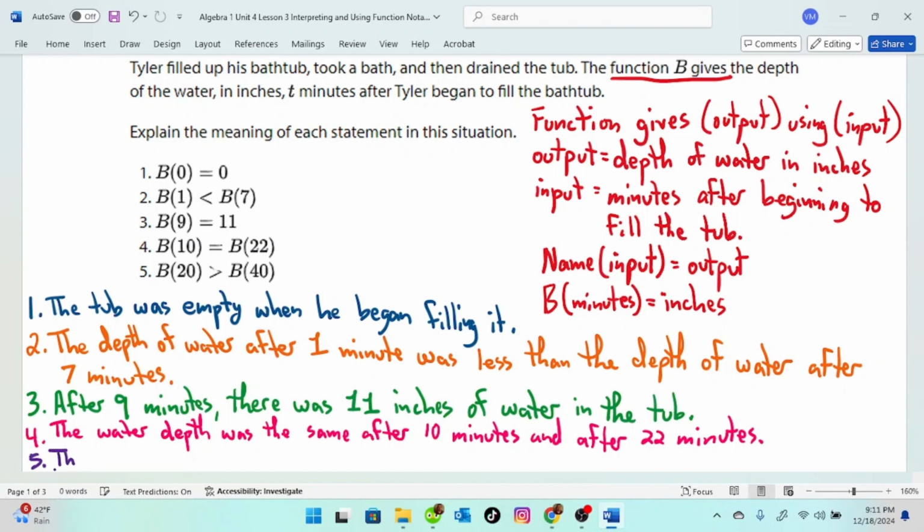So the water was deeper after 20 minutes than after 40 minutes.